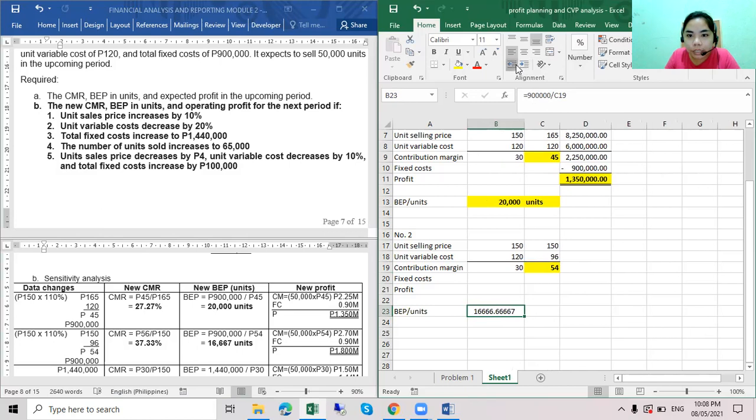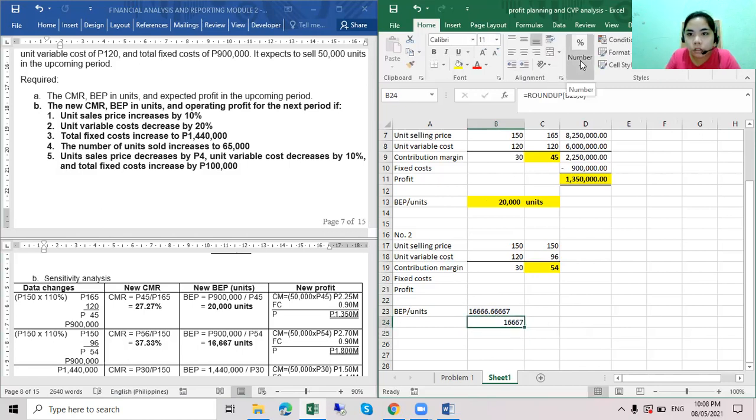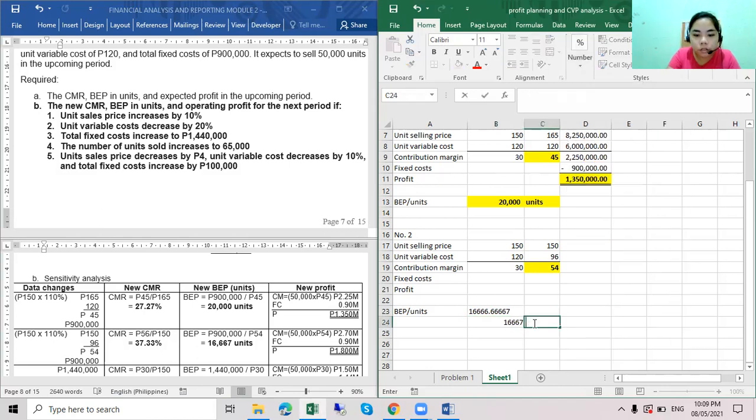I-round up ta class. Nga gin-round up ko class, kay when it comes to units, gina-round up ta kay wala man sang decimal point nga units, no?